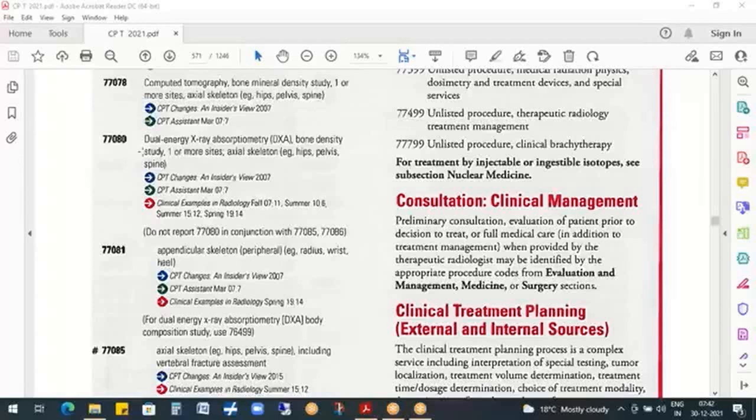Now my question is, if a physician is performing a DEXA scan on the axial skeleton of hip, pelvis and spine, three body parts, what is the code? 77080, sir.